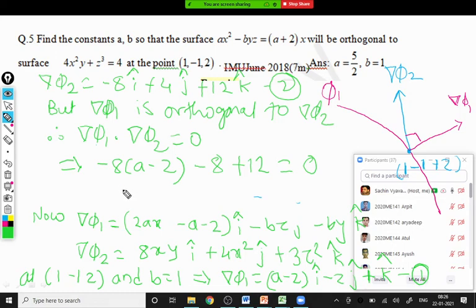This is minus 8a plus 16 minus 8 plus 12. Is it 20a? Plus 16. So the answer is 20 by 8 or 5 by 2. Okay, correct. And a should be 5 by 2.